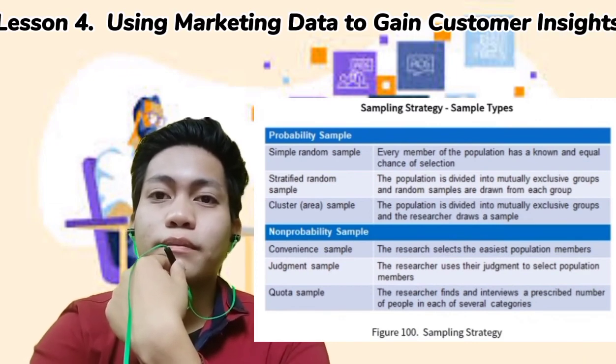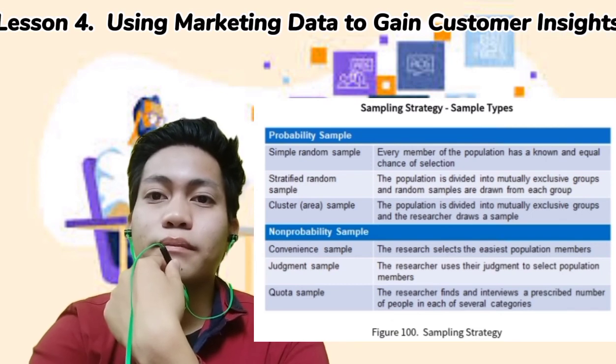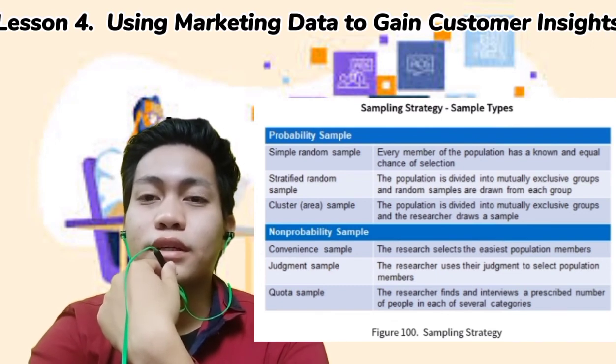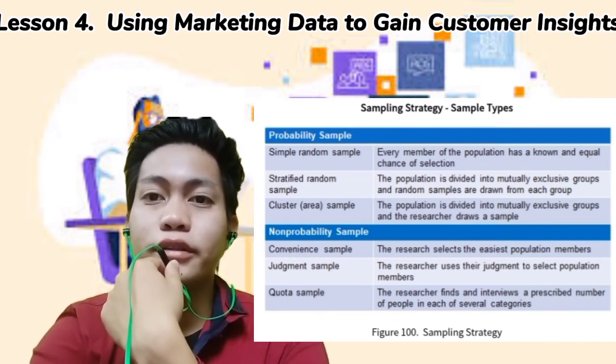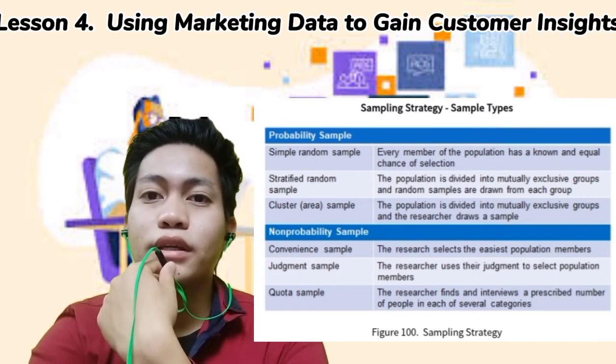So here we can see the probability samples. Simple random sample: every member of the population has a known and equal chance of selection. Stratified random sample: the population is divided into mutually exclusive groups and random samples are drawn from each group. Cluster area sample: the population is divided into mutually exclusive groups and researchers draw a sample.